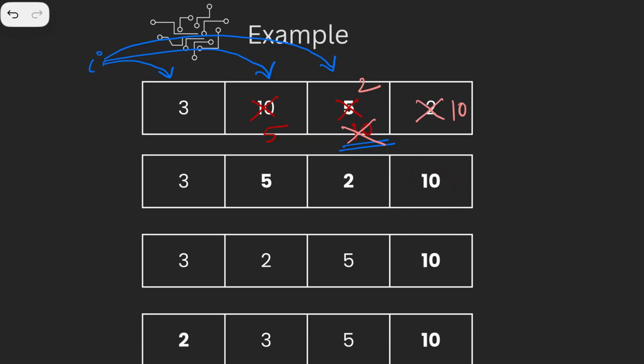Why? See, when you are iterating from left to right, what do you check? You always check whether the elements are in correct order or not. Let's say there exists an element which is the largest element. Here in this case it was 10. If you put that 10 in any place other than the last place, this will create a wrong position and you will end up swapping that element with the next element. You get my point, right?